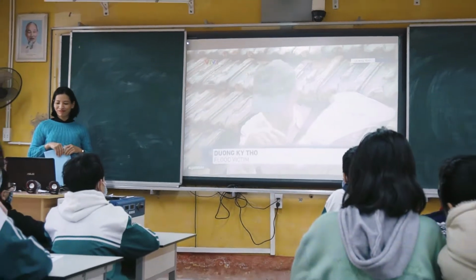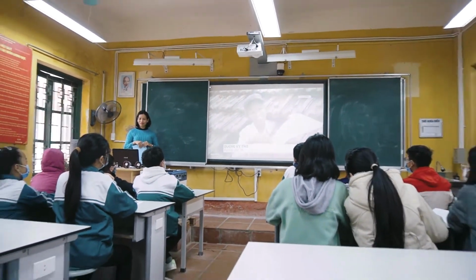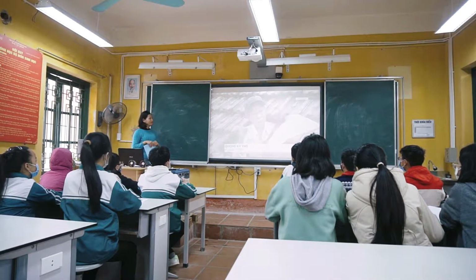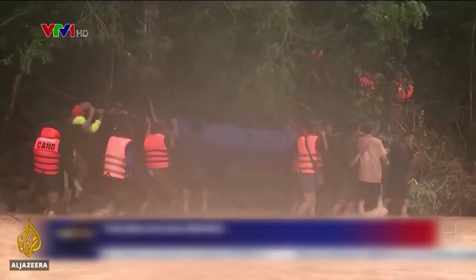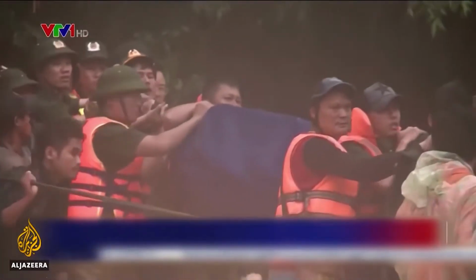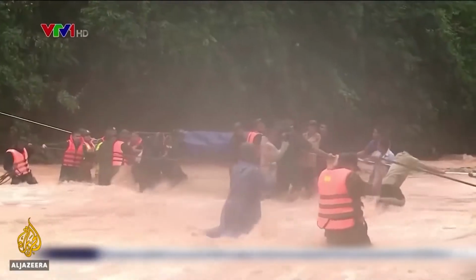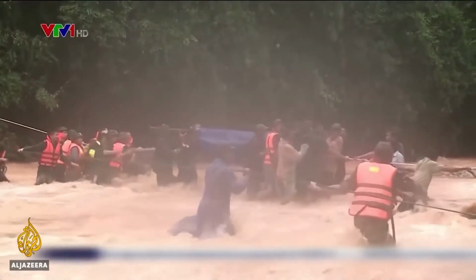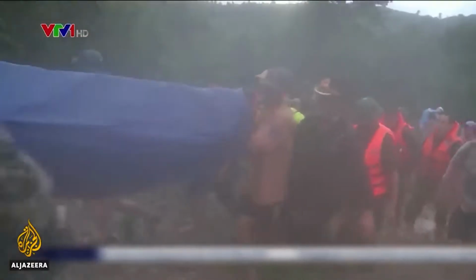I have not eaten since yesterday. The floodwater is now at the level of my roof. We have nothing. No food, no phone, nothing. A rescue unit carries the body of a colleague who didn't survive. More than 100 Vietnamese have also lost their lives in the disaster. About a third of them, soldiers.